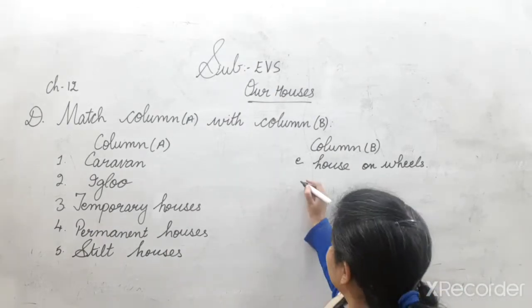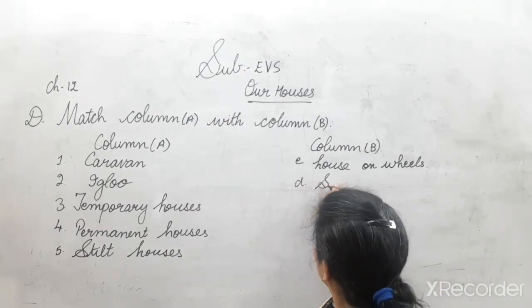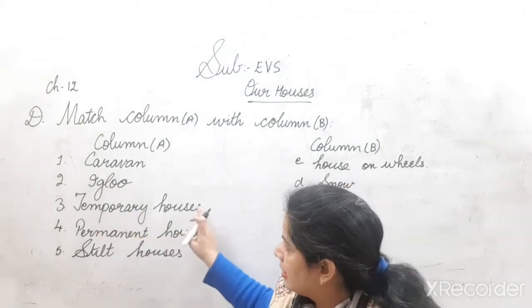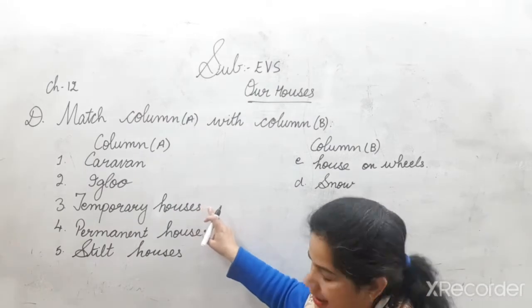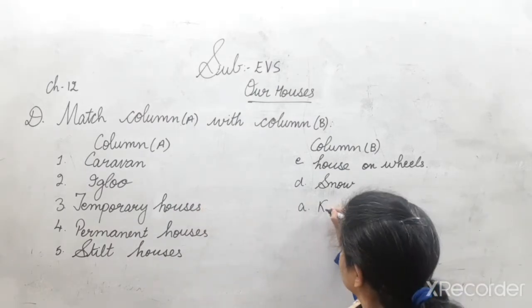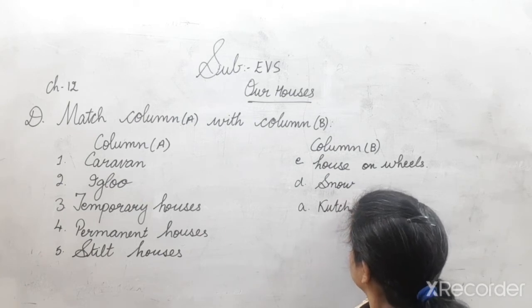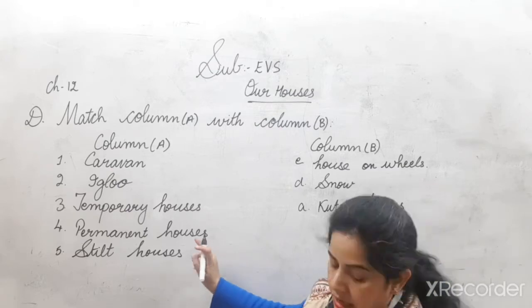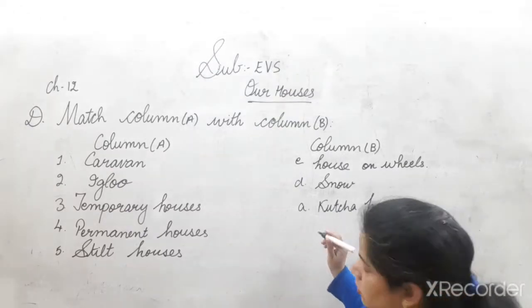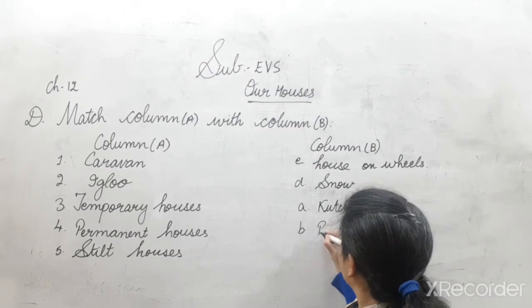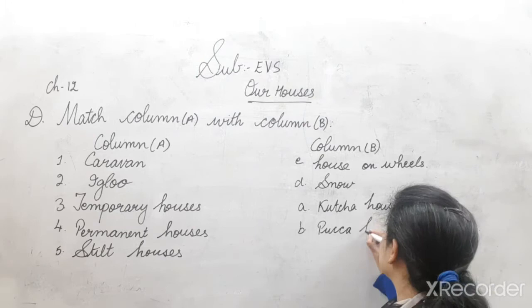Answer is D, snow. Igloo is made up of snow. Third, temporary houses. Temporary houses are also known as A, kacha houses. And permanent houses are also known as pakka houses. So B, pakka houses.